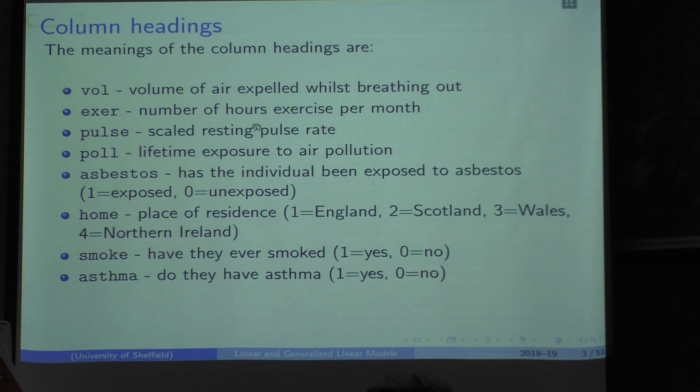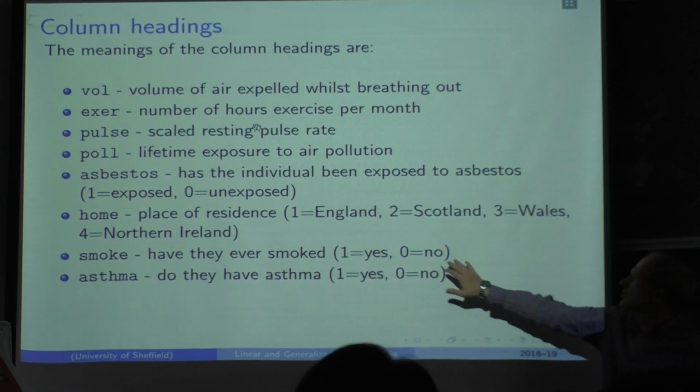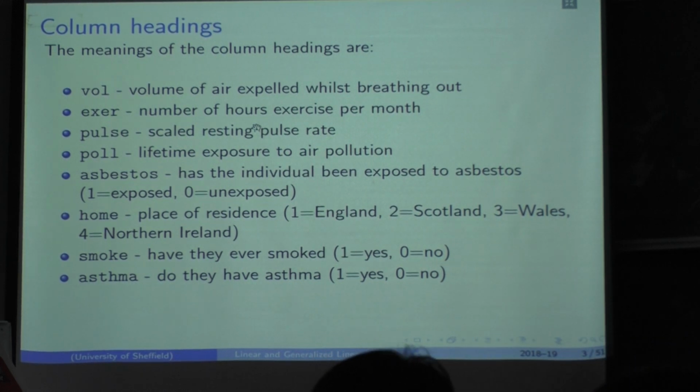And then the other four columns are the ones that had integers in them. Asbestos is, have they been exposed to asbestos or not? As you might expect, 1 means that they have, 0 means that they haven't. Smoke, as I already explained, 1 means that they're a smoker, have they ever smoked in fact, 0 means they haven't.